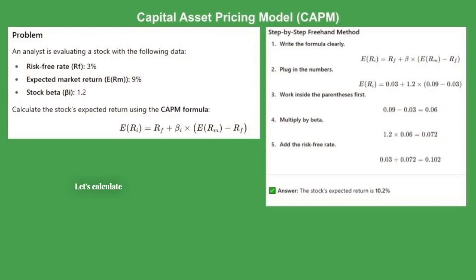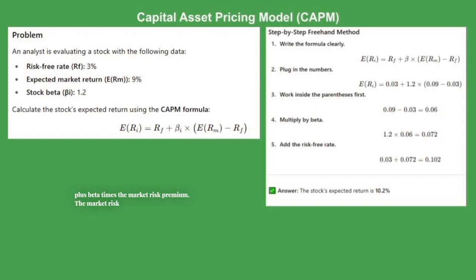Let's calculate the expected return of a stock using the capital asset pricing model, CAPM. The formula is expected return equals the risk-free rate plus beta times the market risk premium.